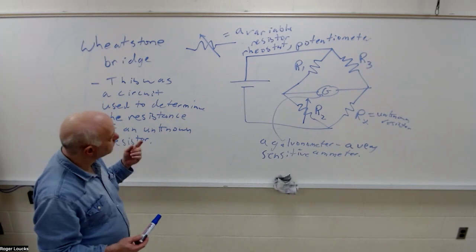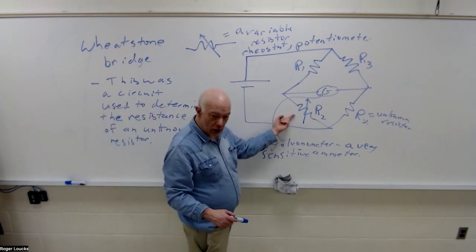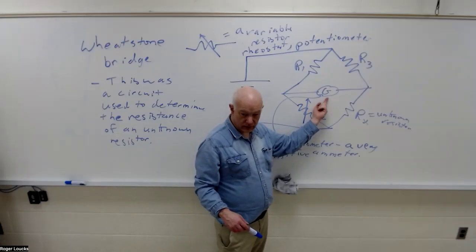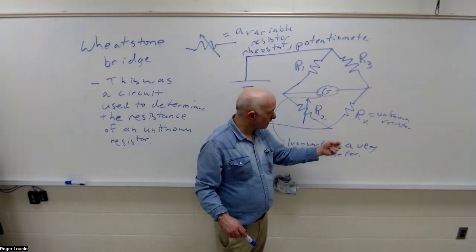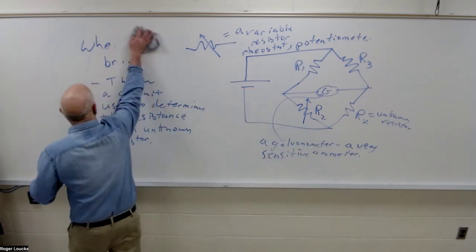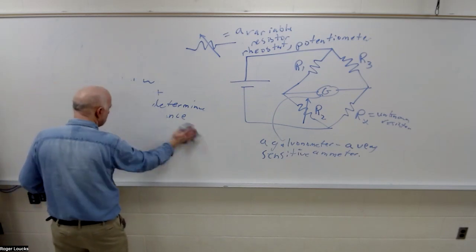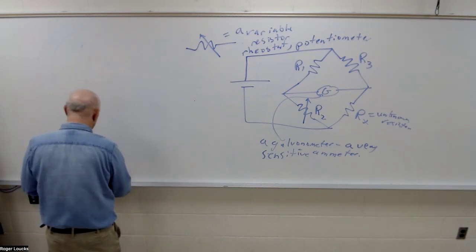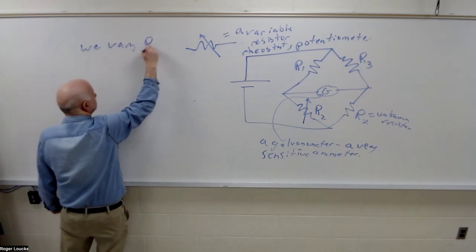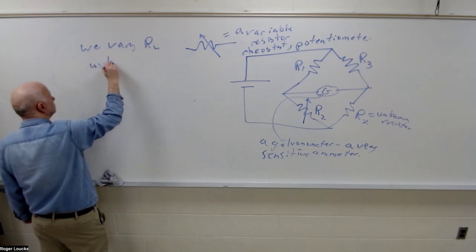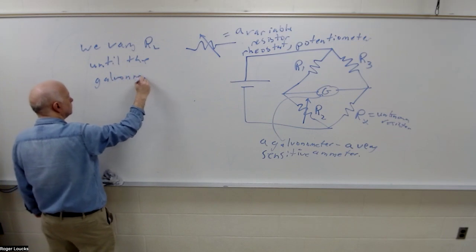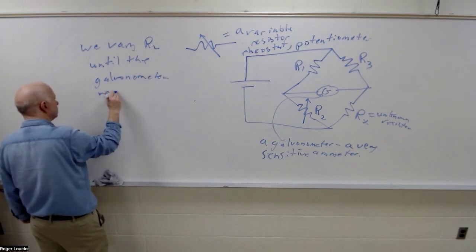Okay, so what you do here is you vary R2 until there's absolutely no current inside here. Okay, this reads 0. And then that is going to allow us to measure what Rx is. So in terms of words, what we do is we vary R2 until the galvanometer reads 0.